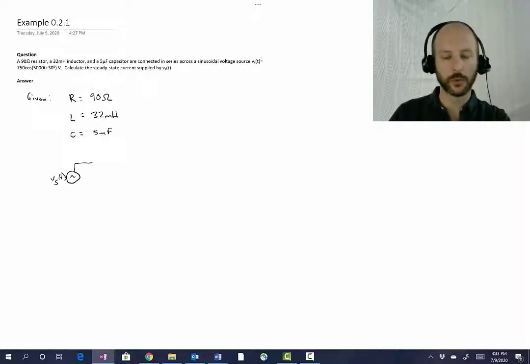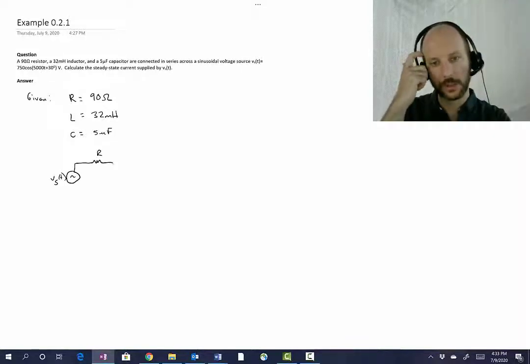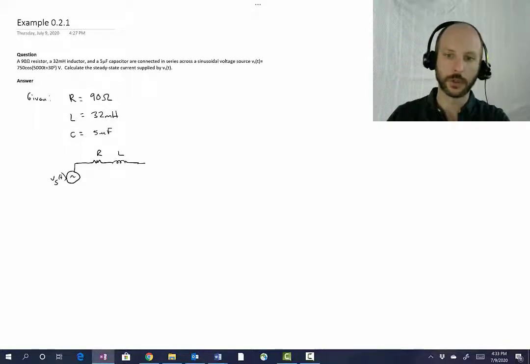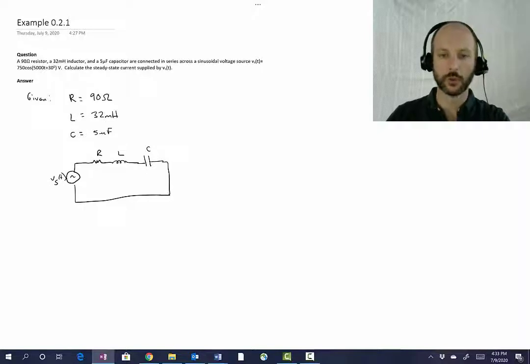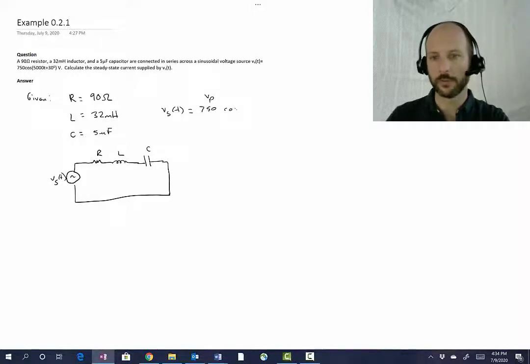Vs of t, the voltage source, we see is connected in a series RLC circuit. Often in the problem statement we'll actually draw it, because that's the way electrical engineers tend to communicate, with a circuit. So we've got that Vs of t that we've drawn down there, and then we want to extract what that value is. We were given a time domain expression for voltage, 750 cosine of omega t plus phi, and that form is 5000 t plus 30 degrees.